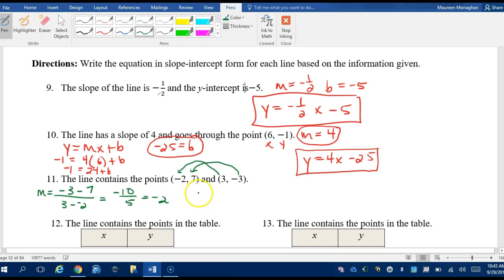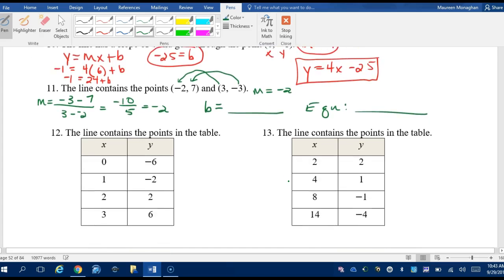That's -2. So now my slope is -2. You have to use one of the 2 points, and you want to find the y-intercept. So we need the y-intercept, and then I want you to write the equation. You're going to finish this one. So number 11, finish. Okay?